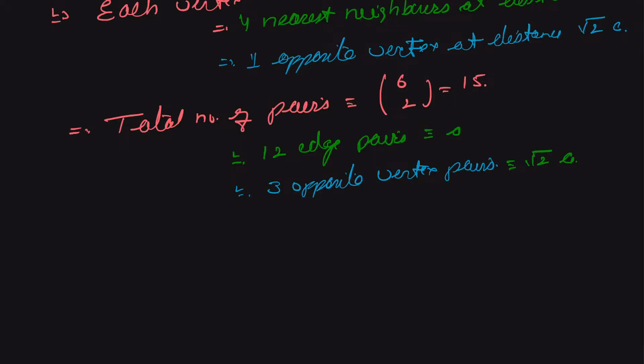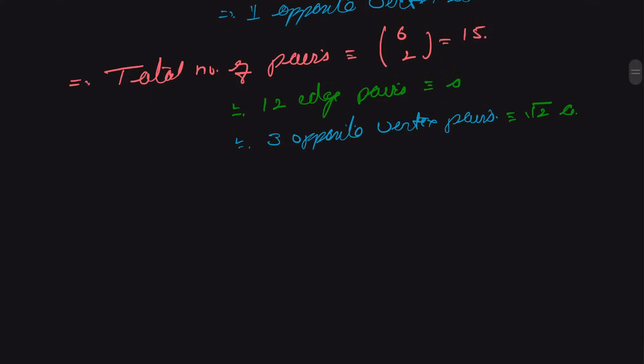And please remember, we are going to arrange 3 protons and 3 electrons. So let us mark our 3 opposite pairs.